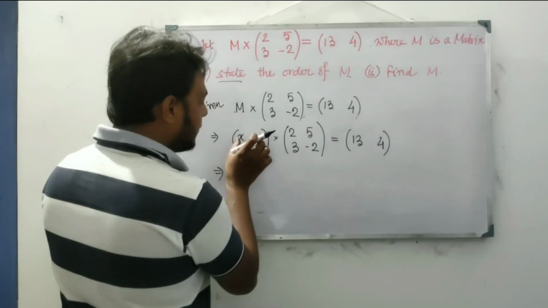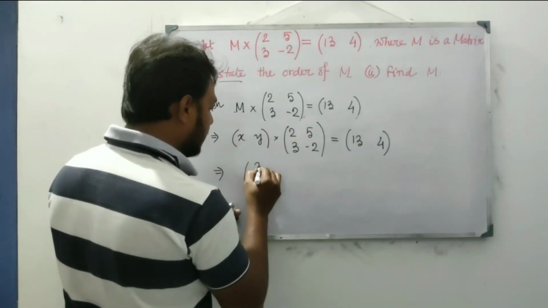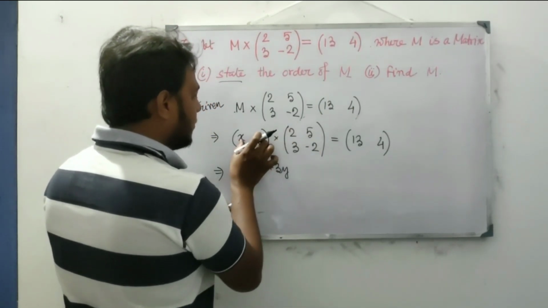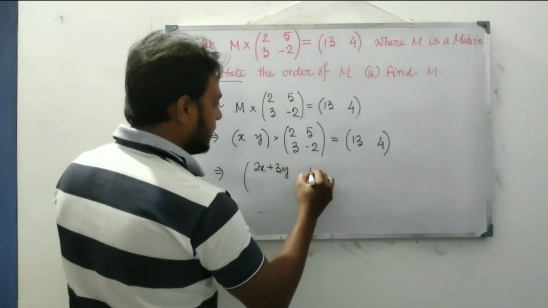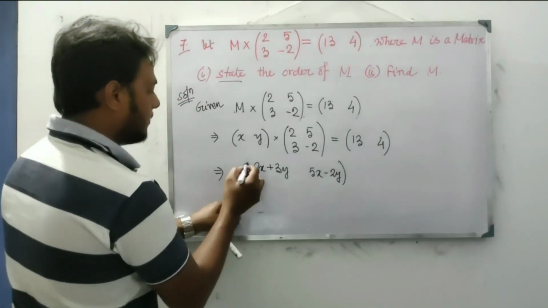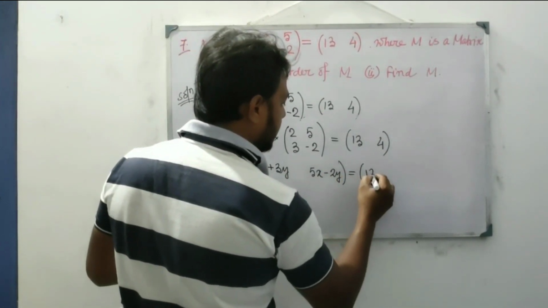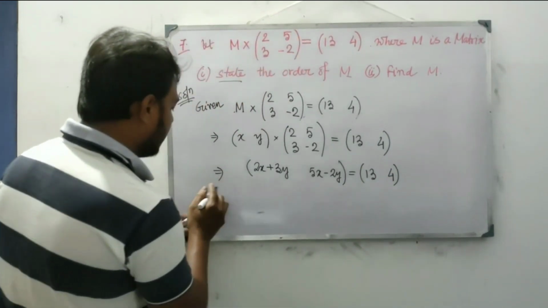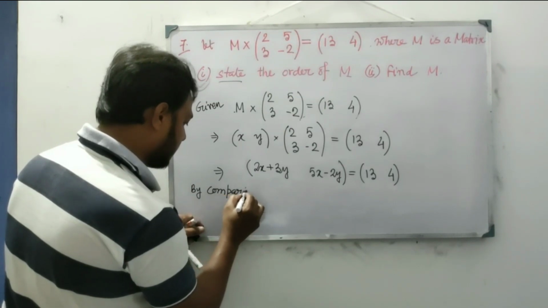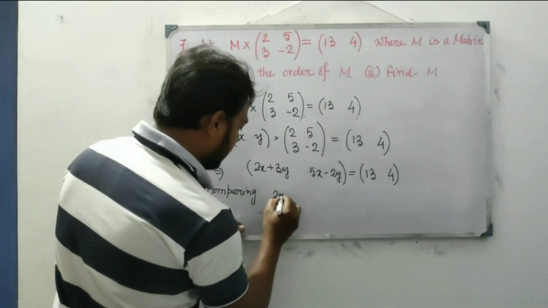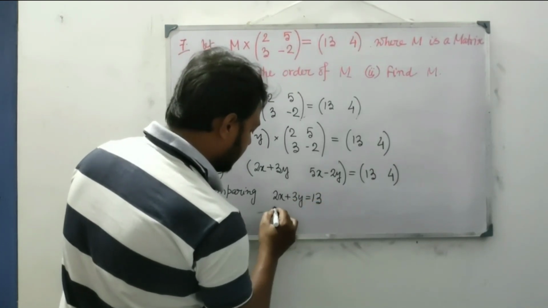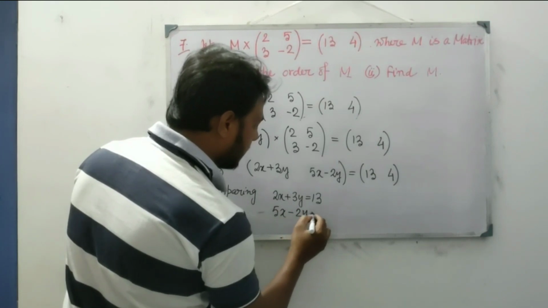Only one row is there, so this row with this column gives 2x plus 3y, and this row with the other column gives 5x minus 2y, equals [13, 4]. So by comparing we get 2x plus 3y equals 13 and 5x minus 2y equals 4.